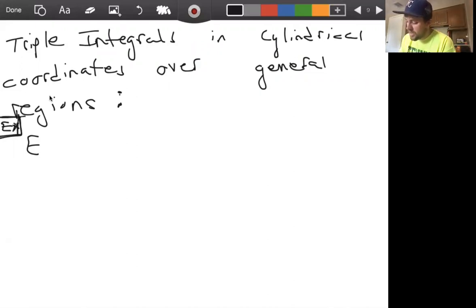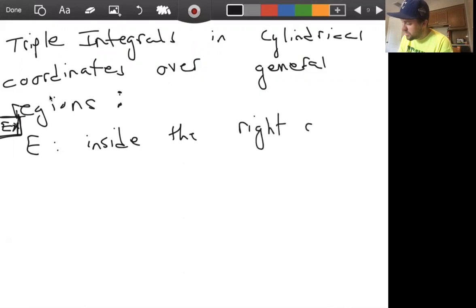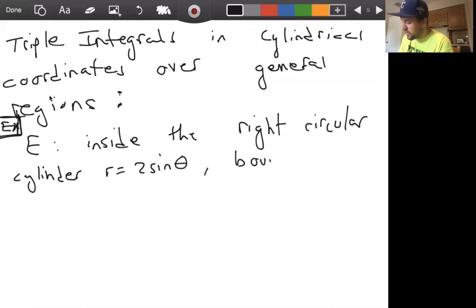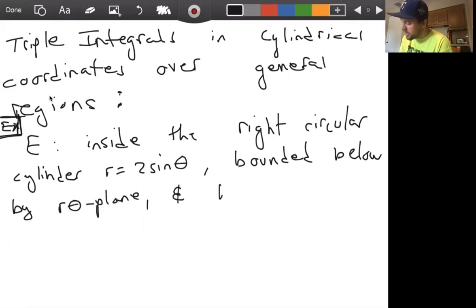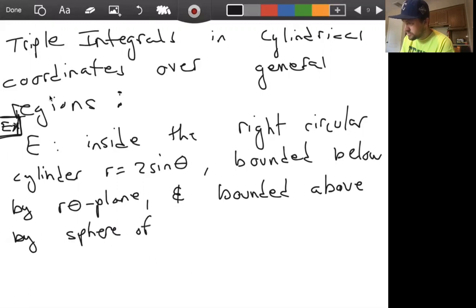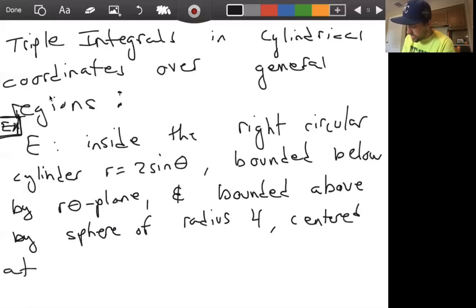Let's consider a region E, which is inside the right circular cylinder r equals 2 sine theta, bounded below by the r theta plane and bounded above by a sphere of radius 4 centered at the origin.